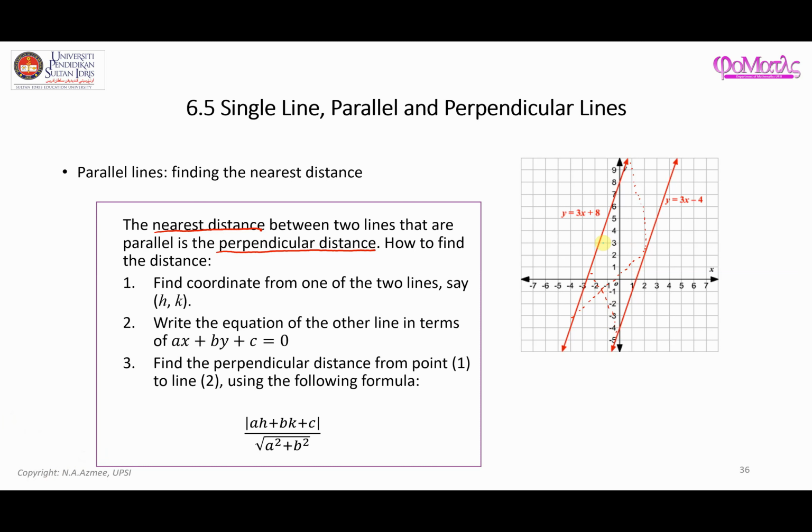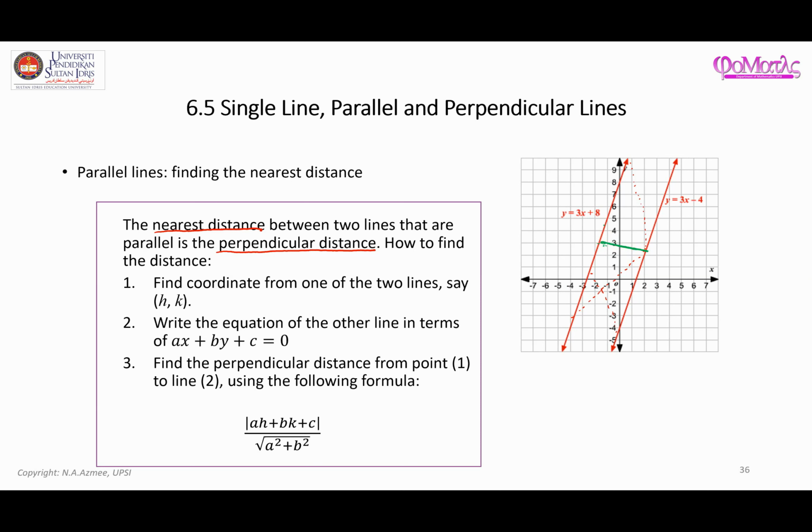So you construct a line that is perpendicular to these two lines, and based on that you should be able to find the distance here, and this is defined as the nearest distance between two parallel lines.